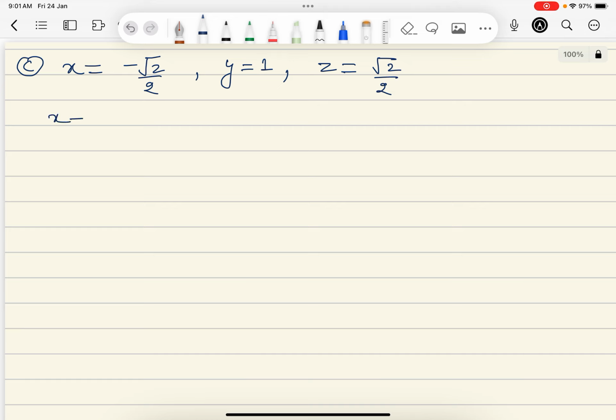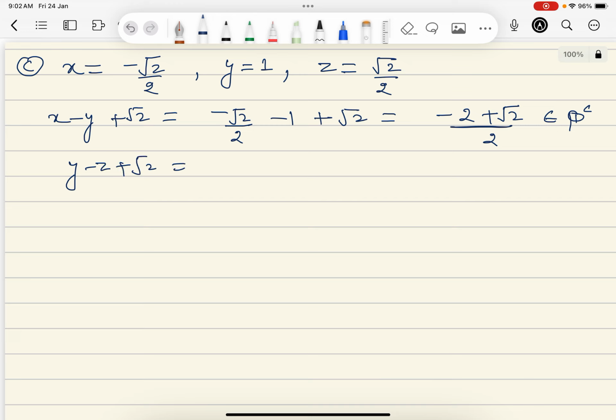Okay, so x minus y plus root 2 will be minus root 2 upon 2 minus 1 plus root 2, which is equal to minus 2, sorry, minus 2. We will solve this, then it will be minus 2 plus root 2 upon 2, which belongs to Q complement, and y minus z plus root 2 will be 1 minus root 2 upon 2 plus root 2, which is equal to 2 plus root 2 upon 2, that belongs to Q complement.